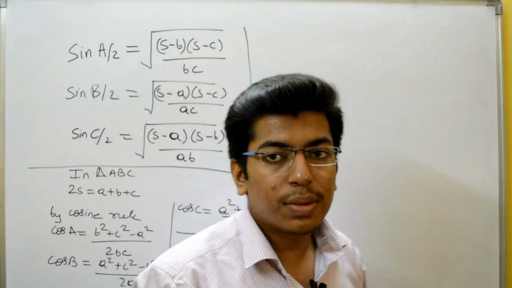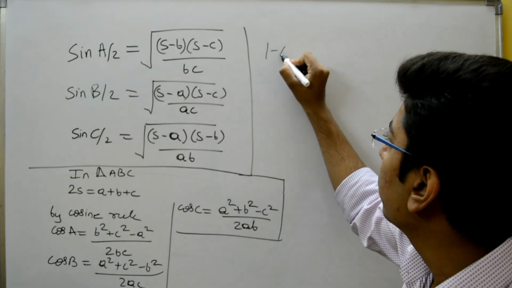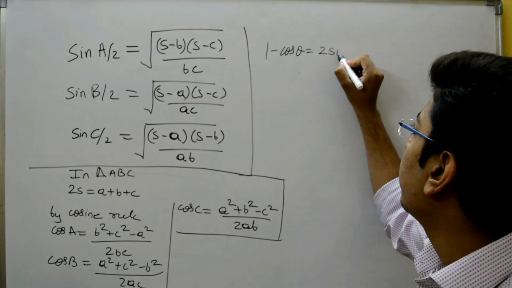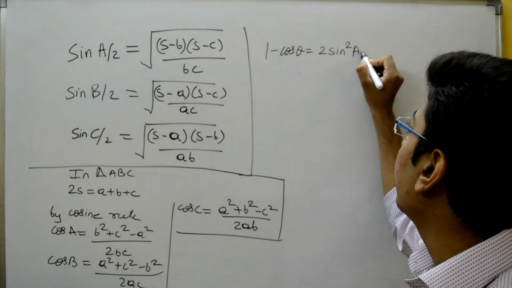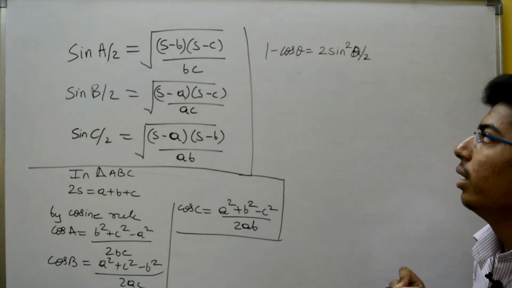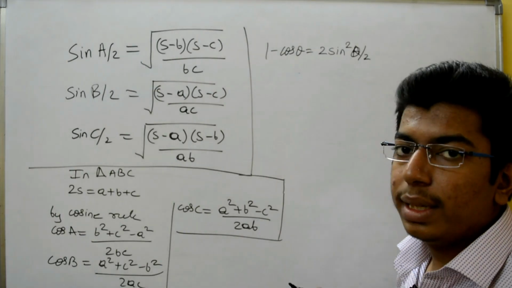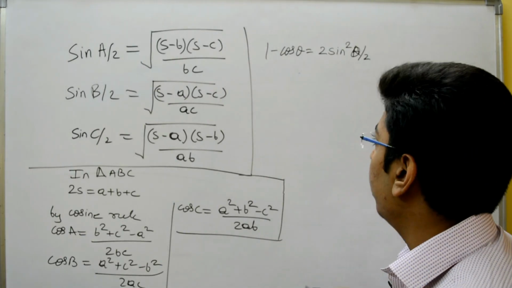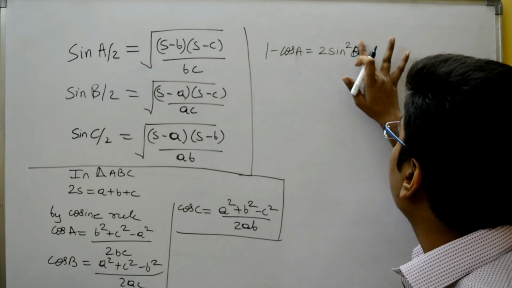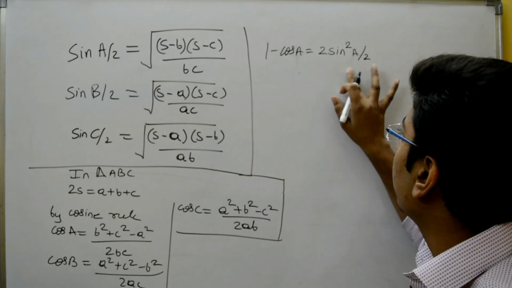So there is one formula, that is 1 minus cos theta is equal to 2 sine square theta by 2. I am replacing theta by A here.